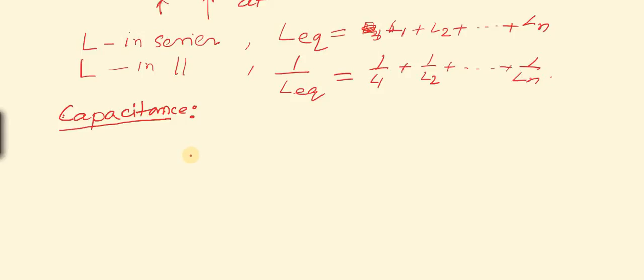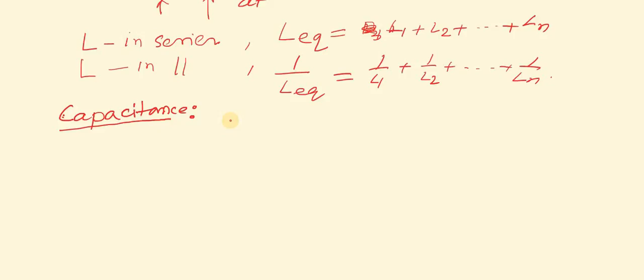A capacitor is a form of two parallel plates with a dielectric medium in between them, and the capacitance is basically the measure of a capacitor's ability to store charge in its plates.